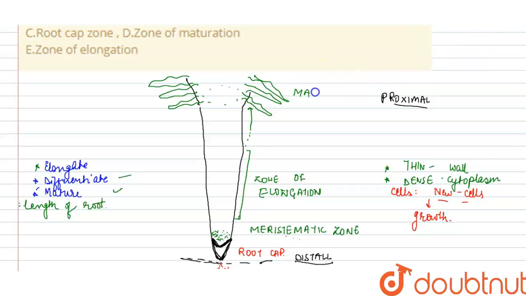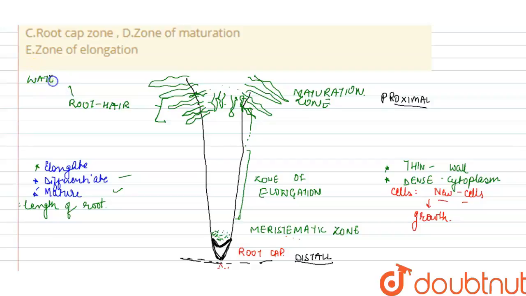This is the zone of maturation, where cells from the elongated region differentiate, move to this region, and further mature. At this maturation zone, small thin epidermal cells are present, which give rise to very small thread-like structures known as the root hair. What is the function of the root hair? They absorb water and minerals from the soil.